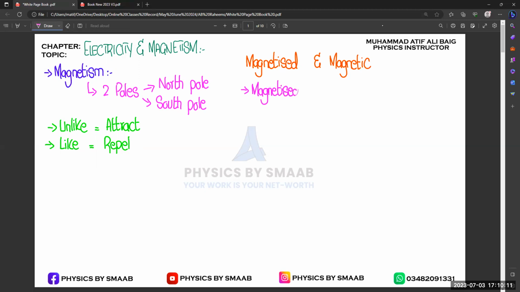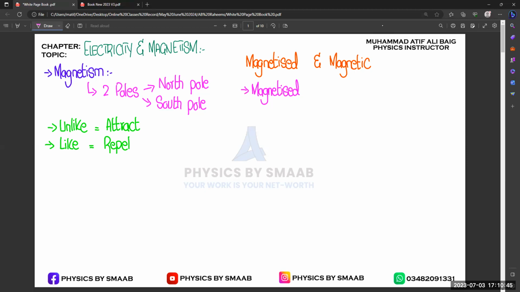Magnetized material can both repel and attract, because they themselves are magnets and have their own poles, so they can easily attract or repel any other magnet. Magnetic material means, let's suppose we have a magnet and a piece of iron.